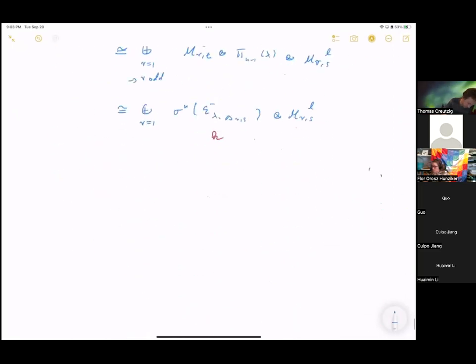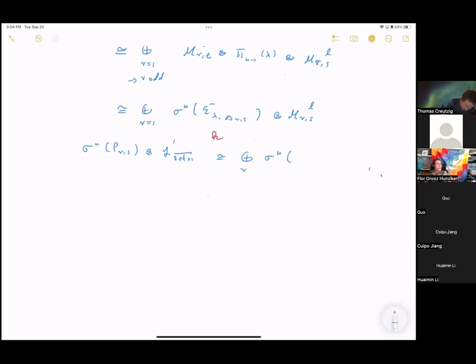And in a very similar way, you can prove this for the other types of modules. So for example, one has the projective modules, and you have a very similar type of statement. Hi, Thomas. Here, the last formula, it does not need R is odd.